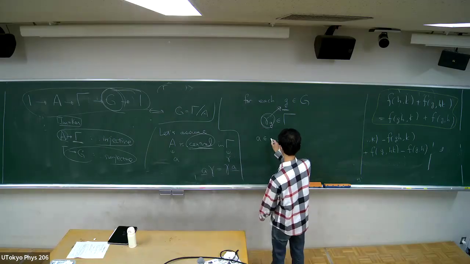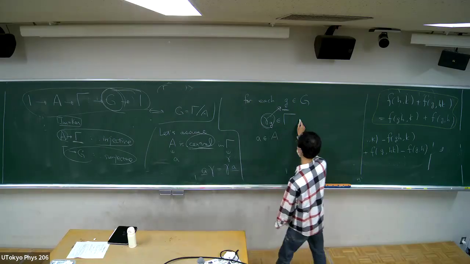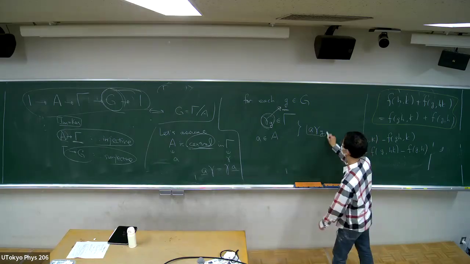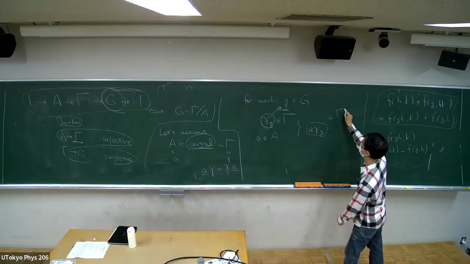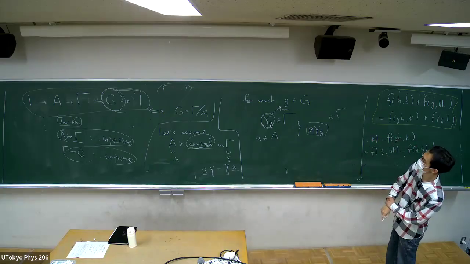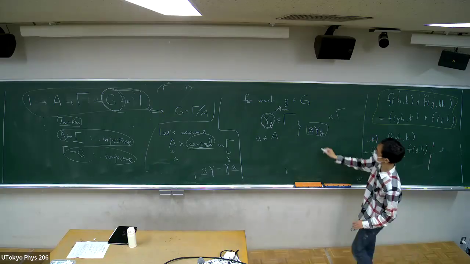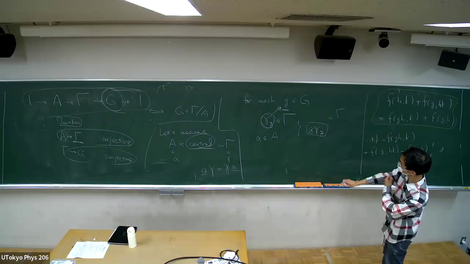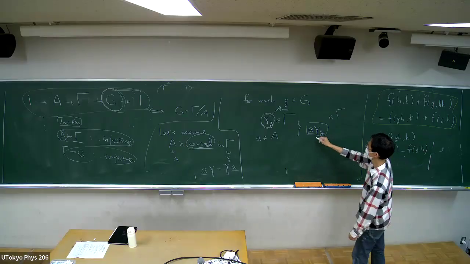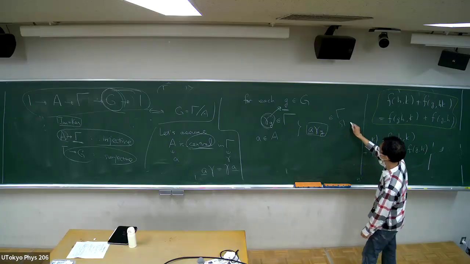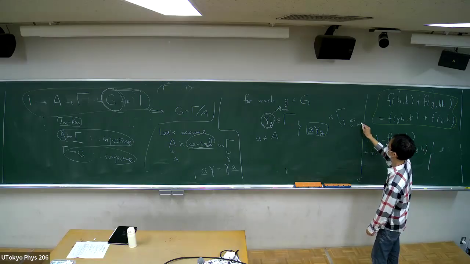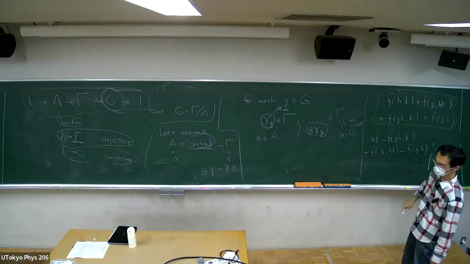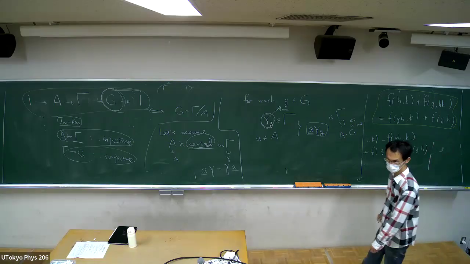Pick an element a, then you can multiply a and gamma_g, and this gives a gamma_g, an element in gamma. Every such element is distinct for distinct choices of a and g. So as a set, this is equal to A times G, but the group multiplication law can be different.